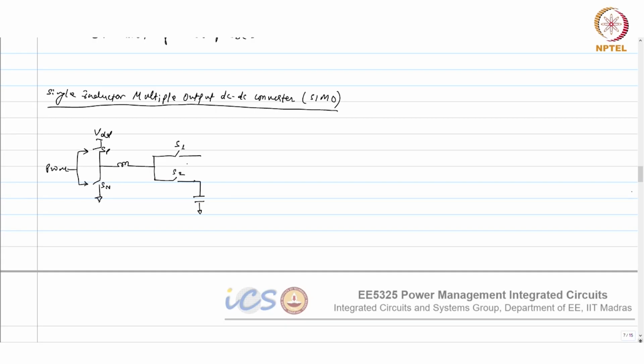They are isolated outputs, so they should have their own capacitor, and they will have their own load. This is VO1, this is VO2.